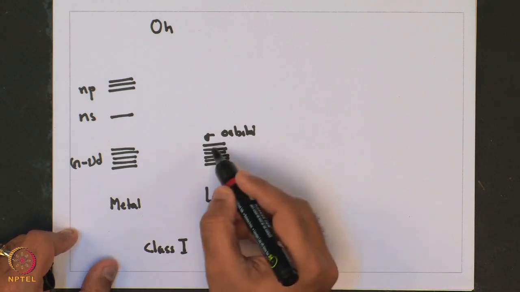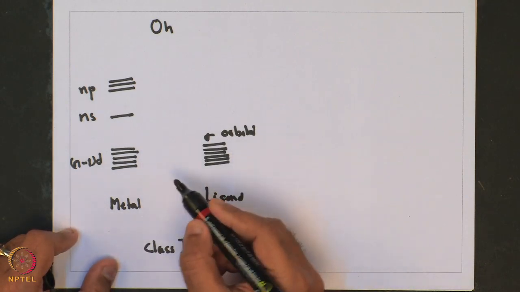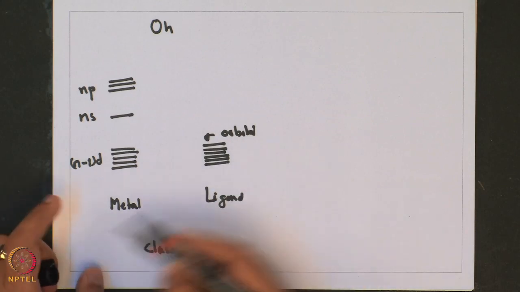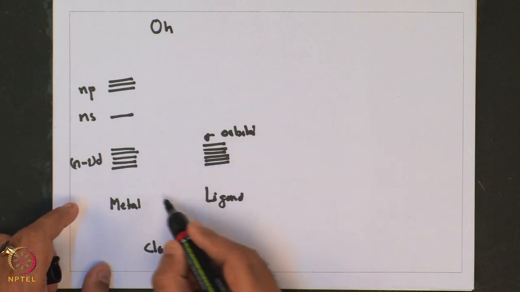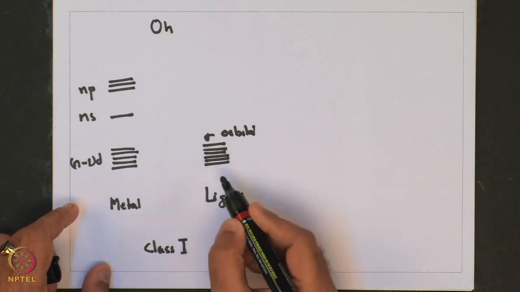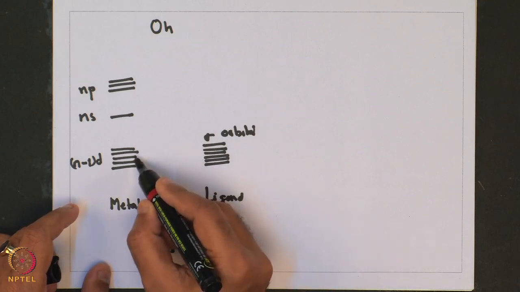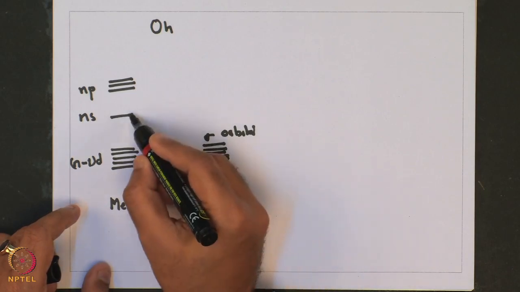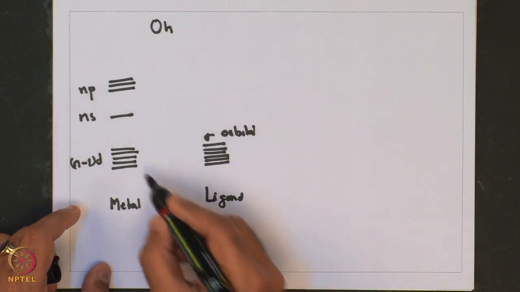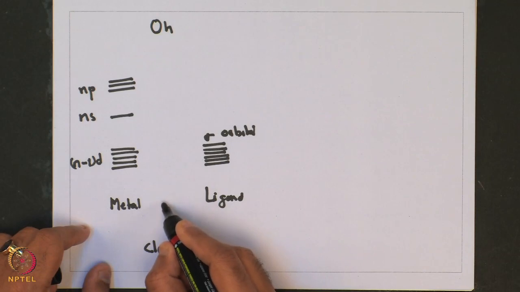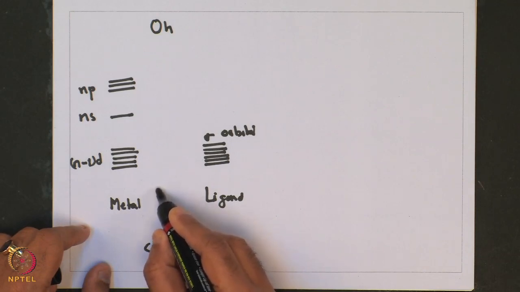As a result of the sigma interactions, the 6 ligand orbitals interact with 2 d orbitals, 1 s orbital and 3 p orbitals, resulting in 6 bonding orbitals.